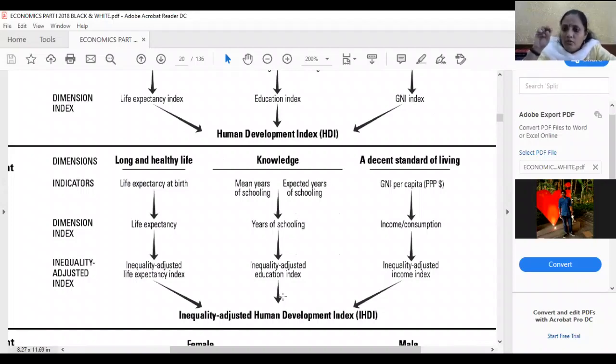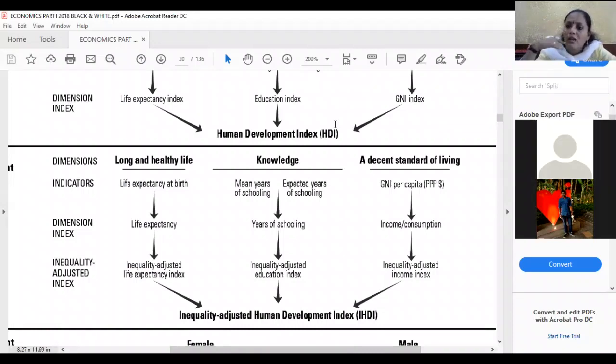Now the question is whether all the parts of the country can be called moderately developed. Can you say that all the parts of the country are equally moderately developed, in the meaning that all of them have equal levels of education, health, and standard of living? Are we thinking like that?